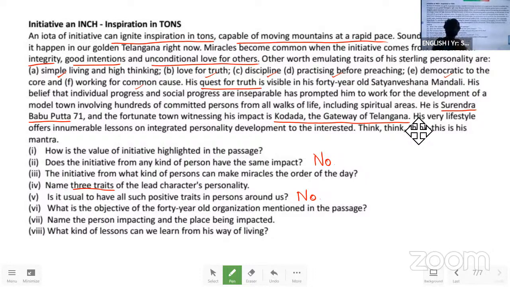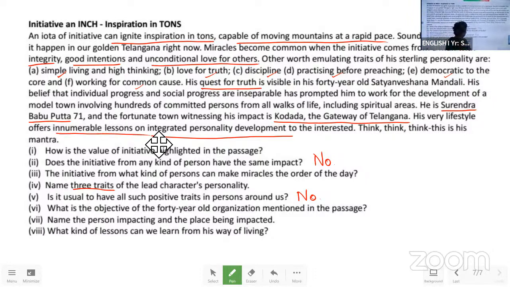Okay, we finished that. What kind of lessons can we learn from his way of living? Integrated personality development. What kind of lessons? Innumerable lessons on integrated personality development. You can also mention this, innumerable lessons.